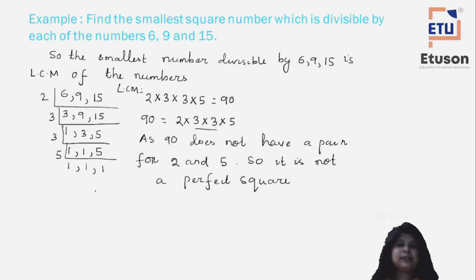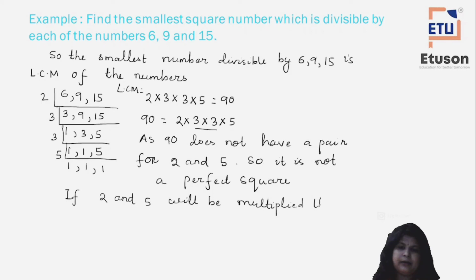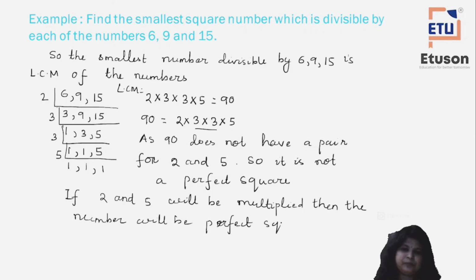It is very simple. If you can get a pair for 2 and 5, the number will be a perfect square. So that means if 2 and 5 are multiplied, then the number will be a perfect square.